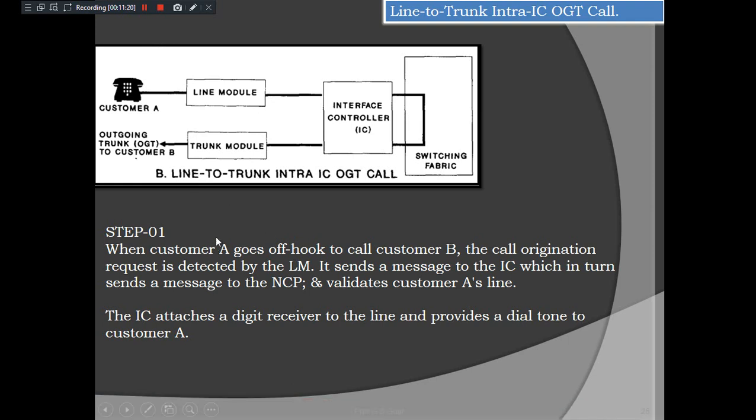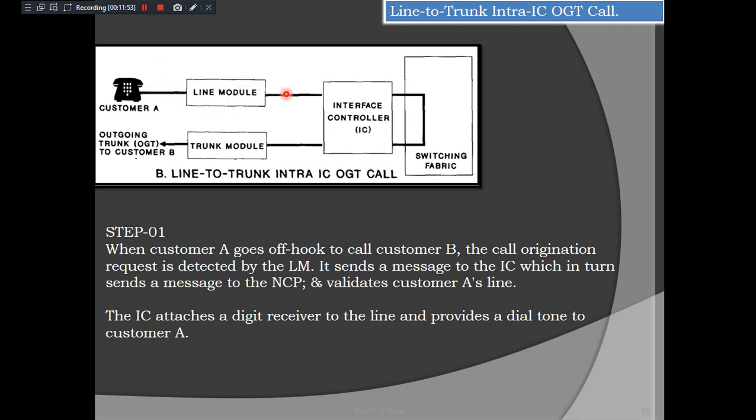In step 1, again assume that customer A wants to make a call request and goes off hook to call customer B. By doing that, the small amount of AC current which was flowing will stop, and the line module or IC will come to know that customer A wants to make a call request. During that process, the line module will check whether this call request is happening due to a line fault or is a genuine one.